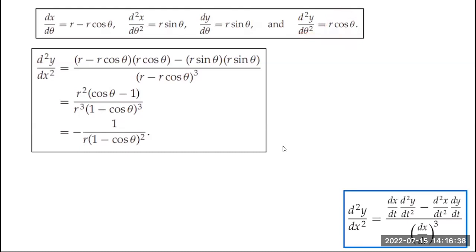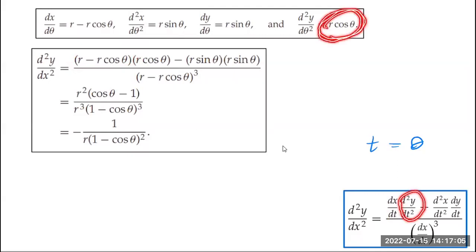Now I am ready to go with this formula. We know that d squared y over dx squared is dx over dt, remember this t is in our case theta, so dx over d theta, which is exactly r minus r cosine theta, times d squared y over dt squared, which is r cosine theta.